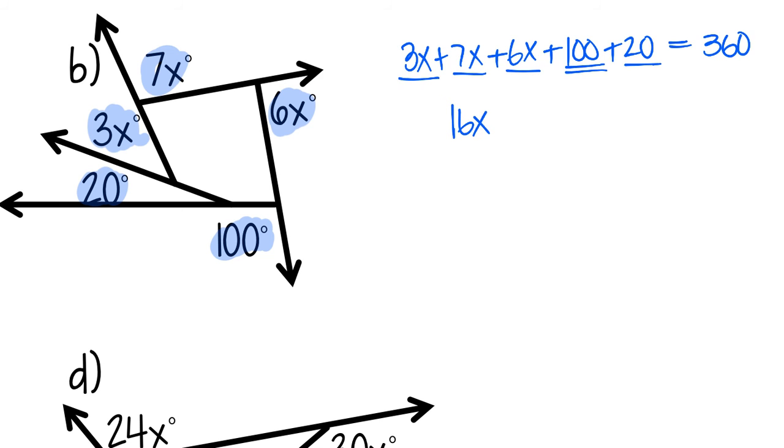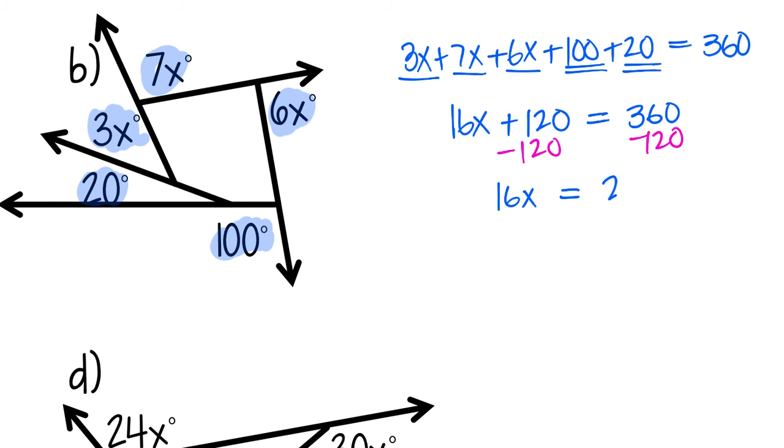And then these over here that are just constants, let's combine those. So I get 16x plus 120 is equal to 360. Subtract the 120. So 16x is equal to 240. And then divide by 16, which gives us x is equal to 15.